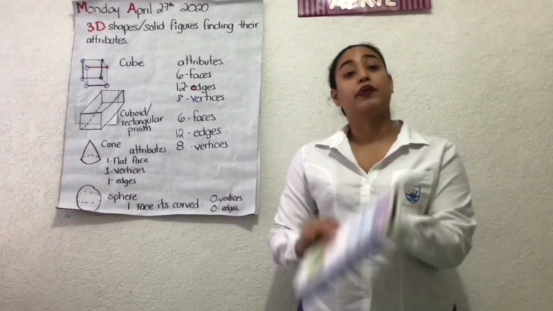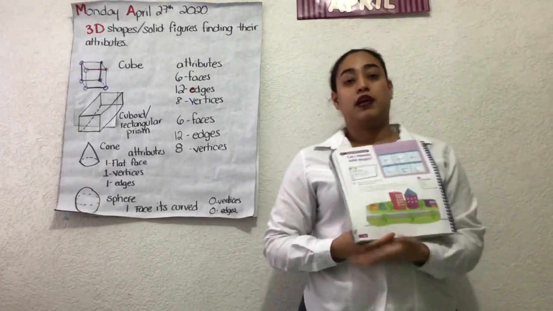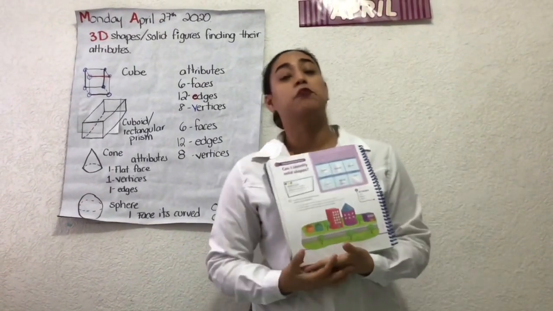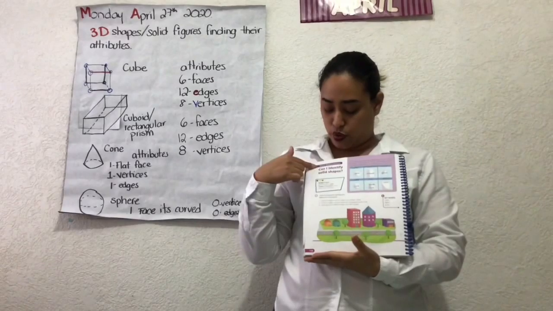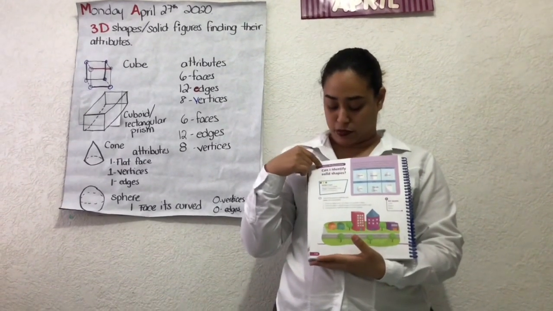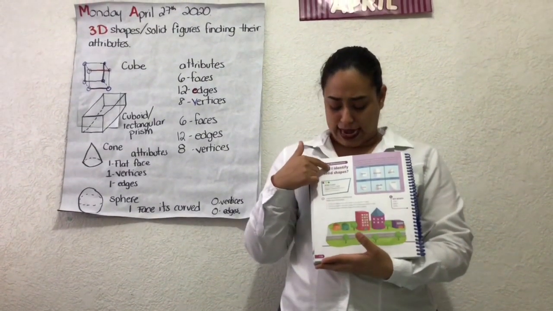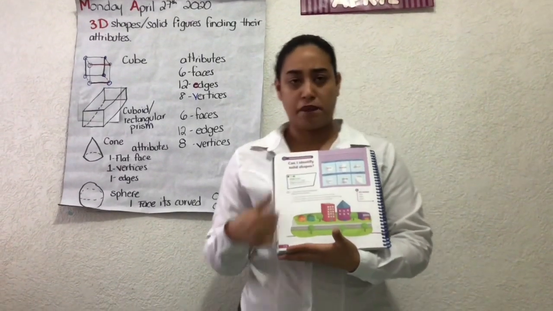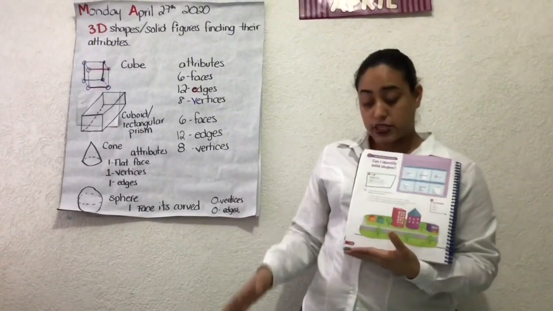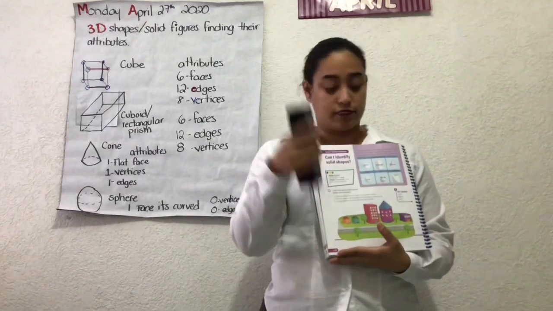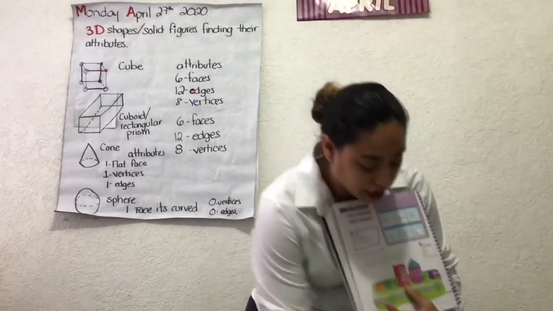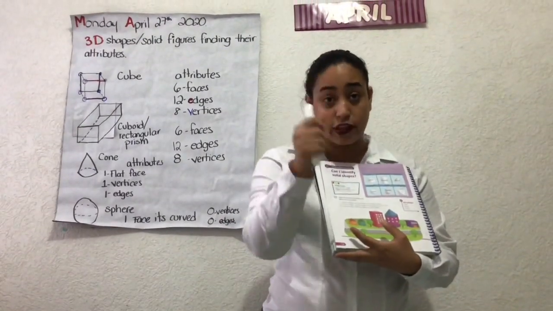Alright guys, now we're going to go into our book. Today, like I said, we're doing Smart Mathematician. So today's topic is Smart Mathematician. Can I identify solid shapes? Okay, solid shapes like the ones I showed you here, like a cylinder. This is a cylinder, guys, even though it's a very small one.